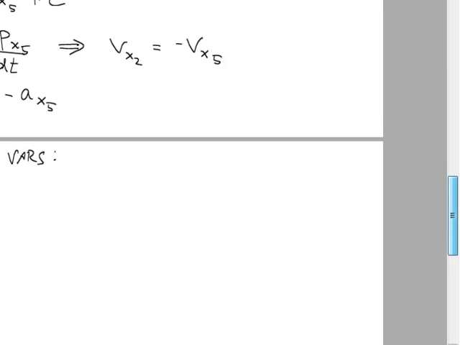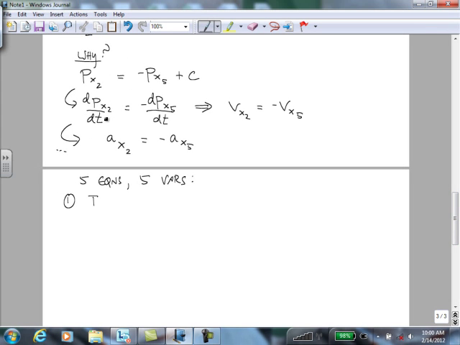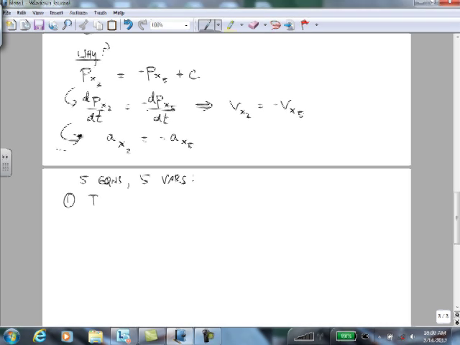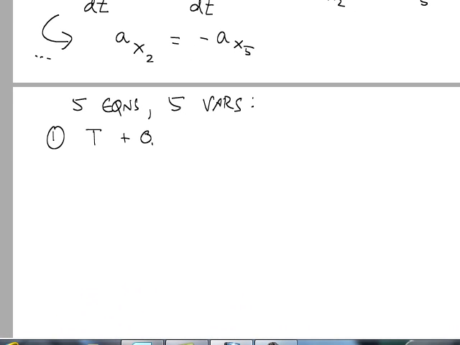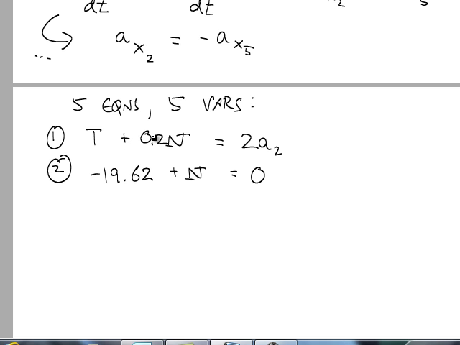The first one, I'm just going to go up here, is the x component of Newton's second law for the 2 kilogram box: T plus 0.2 n is equal to 2a2. The second one says negative 19.62 plus n is equal to 0.